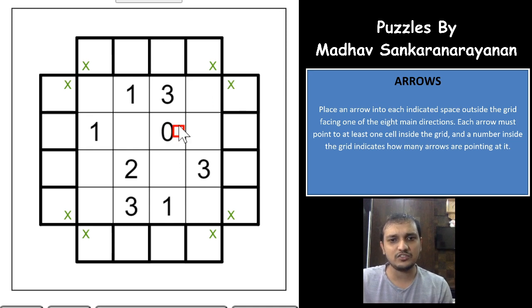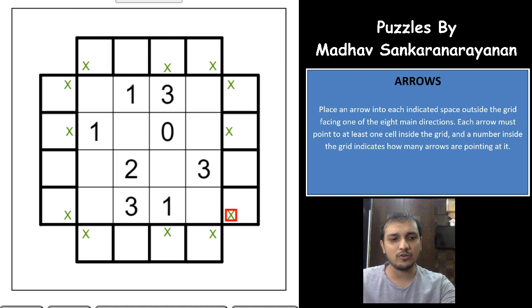Now if you see, you have a 0 here, which means there cannot be any arrow pointing towards the 0. So I can have a cross here, here and here, which means the arrow cannot point towards this line, because 0 cannot be pointed by any of the arrows, right? Same way, if you see this cell, it cannot point towards the upper diagonal because it is having a 0 there.